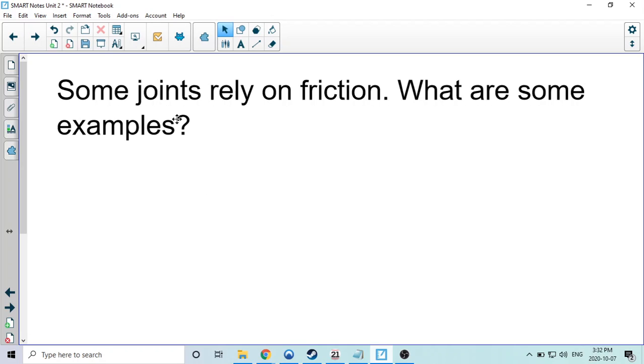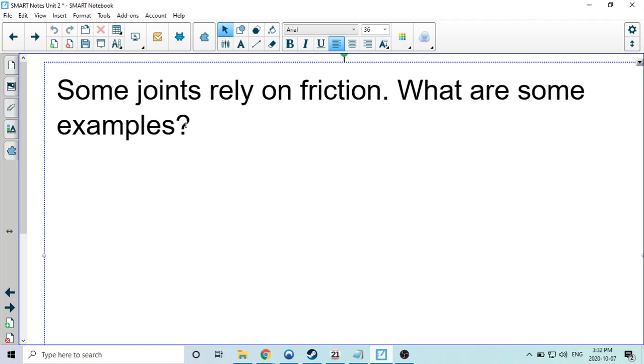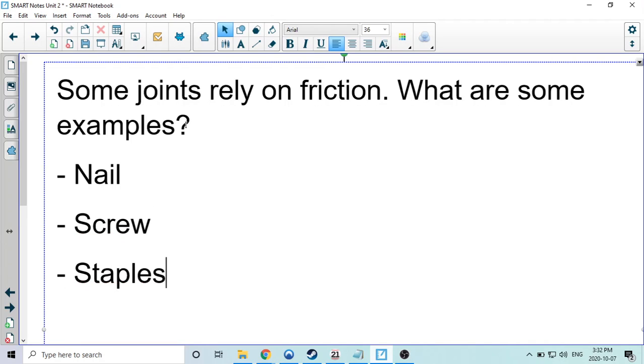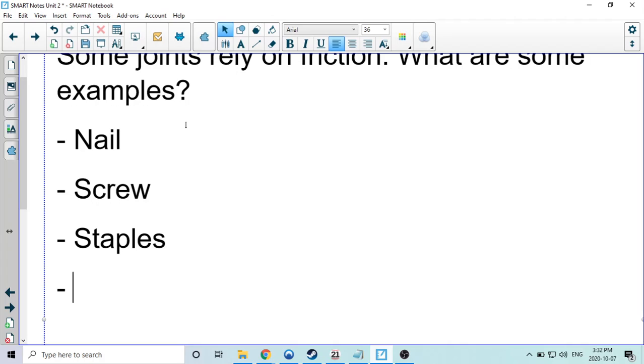So there are some joints that rely on friction. They rely on two objects touching each other or rubbing against one another. An example is a nail through wood, or a screw, or staples, or what's another good one?